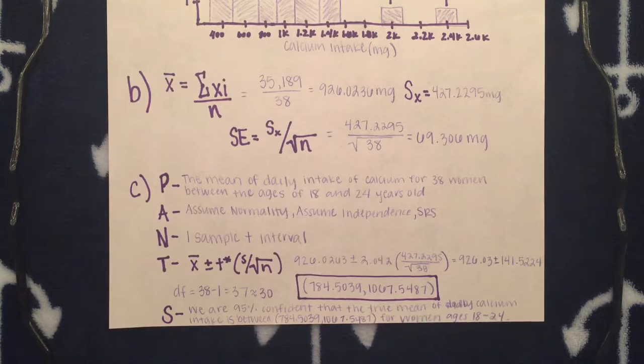And I got that to be just the t star times the standard deviation divided by the square root of n was 141.5224.